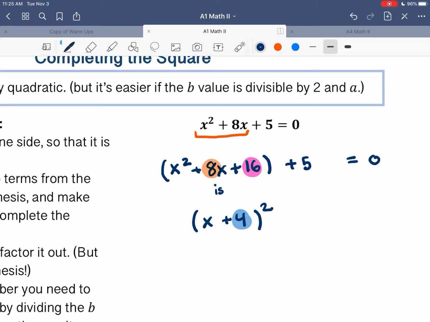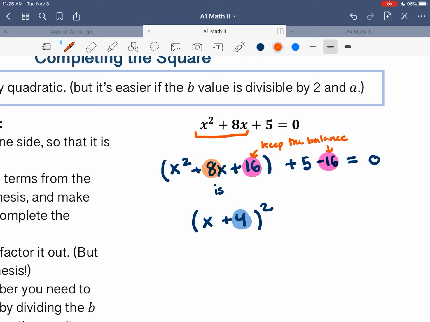So in order to keep the balance, we also have to take away 16 so that we don't end up unbalancing our equation. We have to keep the balance of our equation. If we added 16, we also need to take it away.